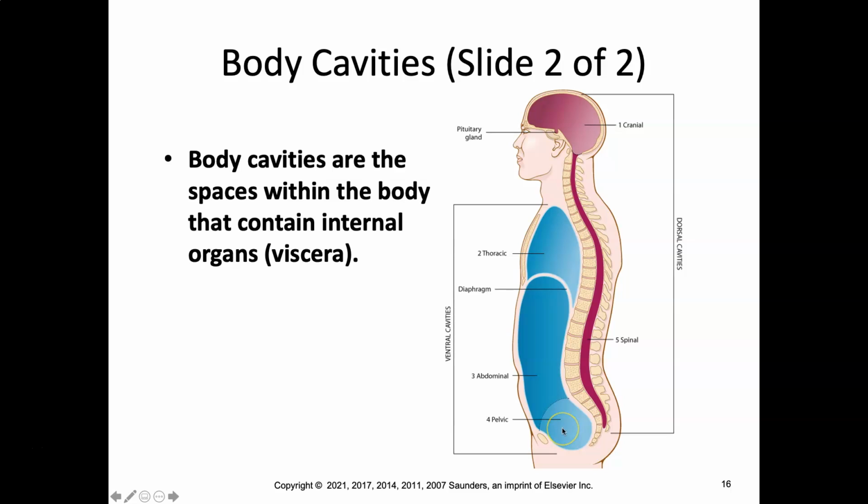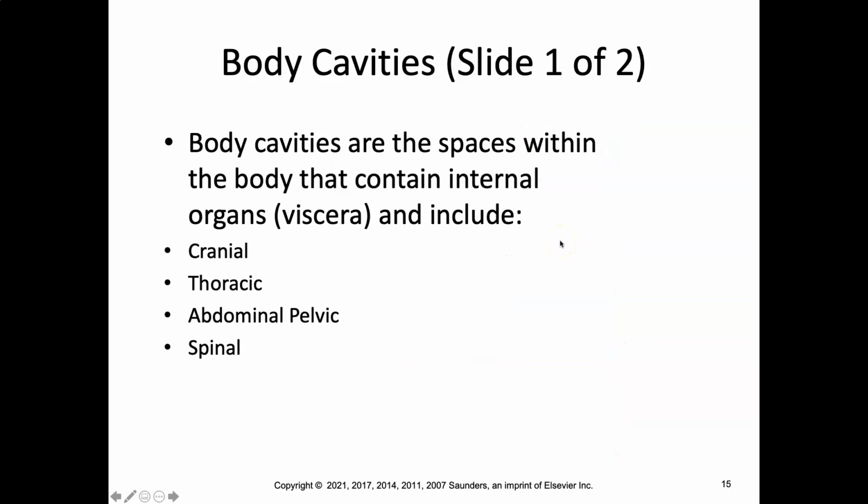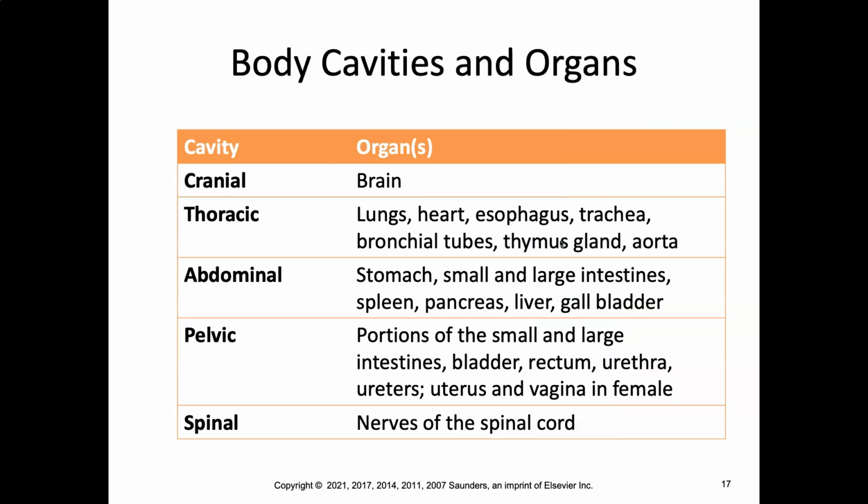But if you pull them apart, the pelvic does have portions of the small and large intestines, but it's really mostly rectum, urinary bladder, urethra, and uterus and vagina in the female. And the abdominal cavity is pretty much the intestines. It has the stomach, the intestines, the spleen, the pancreas, the liver, and the gallbladder. So it's good for you to know what those are, as well as what they contain.